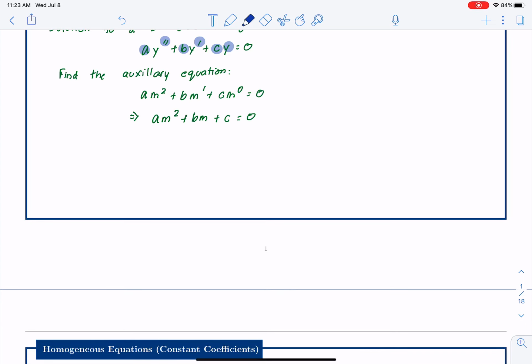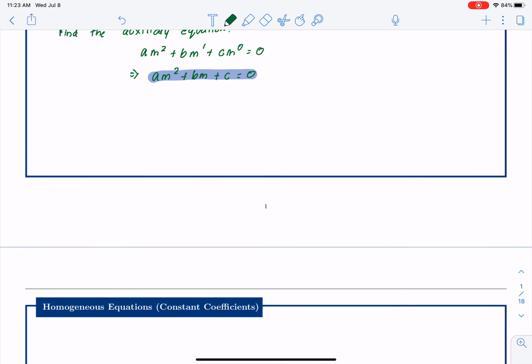And that equation should look familiar to you. It is a quadratic equation, and we all know how to find the solution to that quadratic equation.